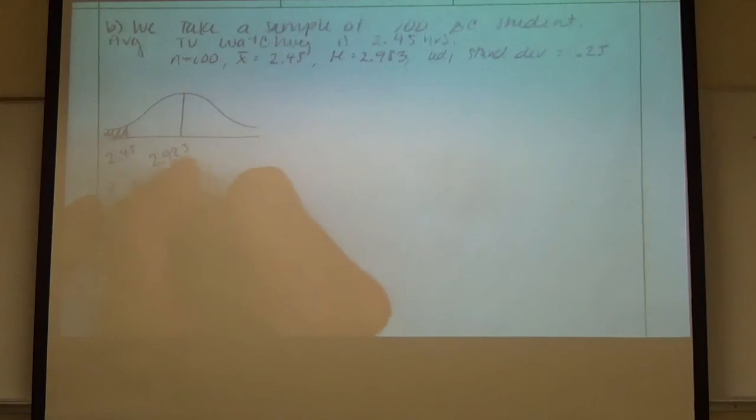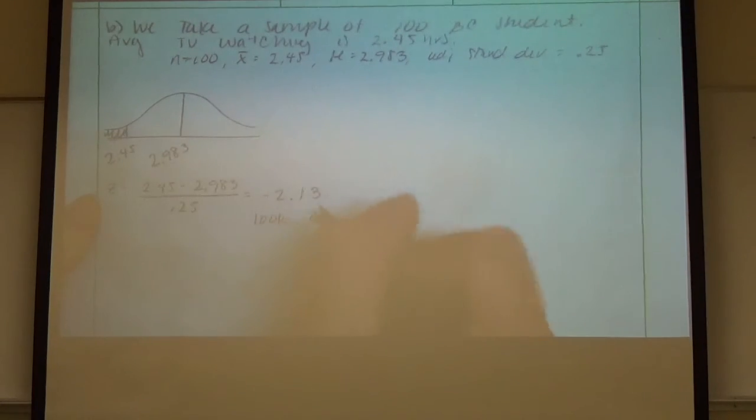So I'm going to have z equals 2.45 minus 2.983 divided by the adjusted standard deviation, which is 0.25. If I do the calculator work there, I would get about negative 2.13. Okay, so if I look that up, I would get 0.4834, and that's just looking that up on the table that I've been using for the notes.